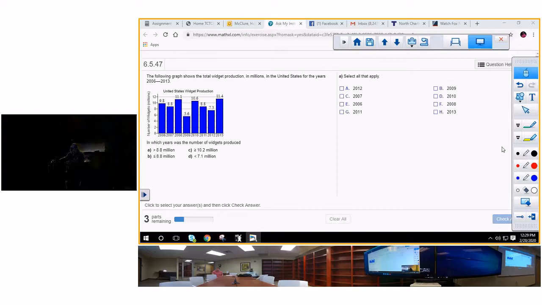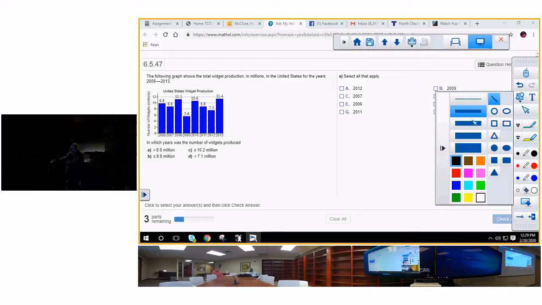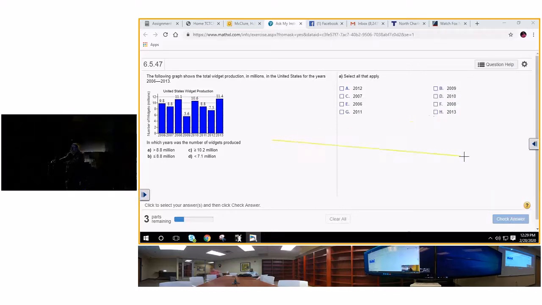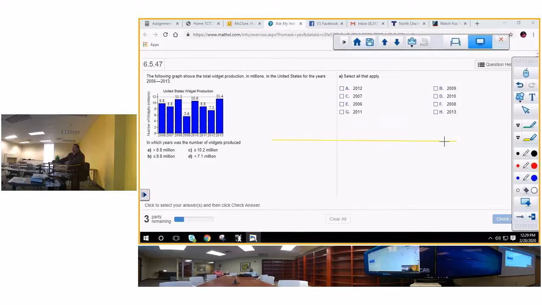So I'm going to take my handy-dandy line and color it. What color opposite that blue? Let's make it yellow. I'm going to draw a horizontal line. That's my straight edge, and I'm going to put it at 8.8 million.